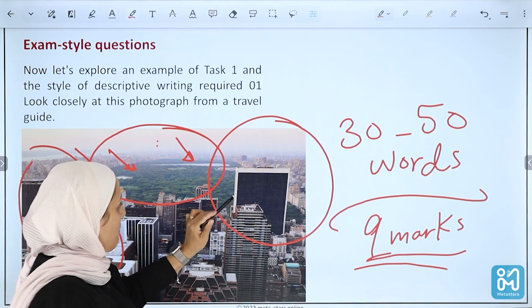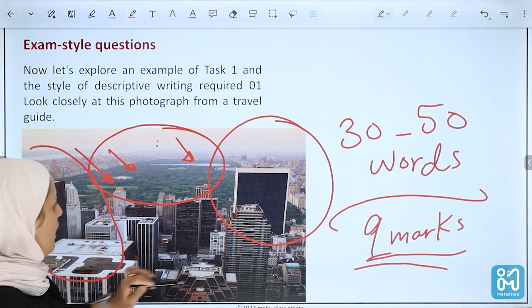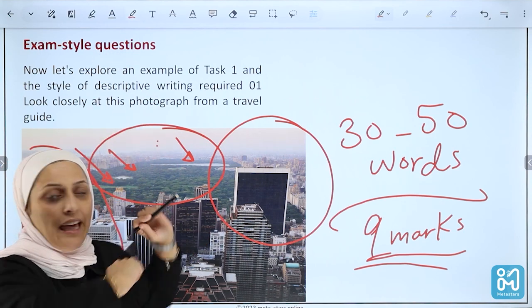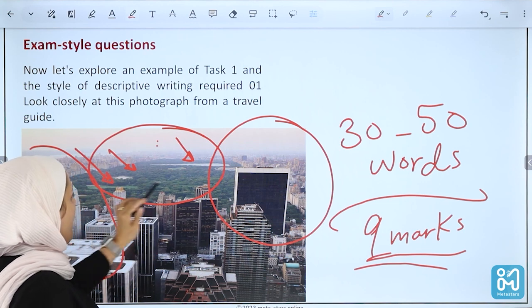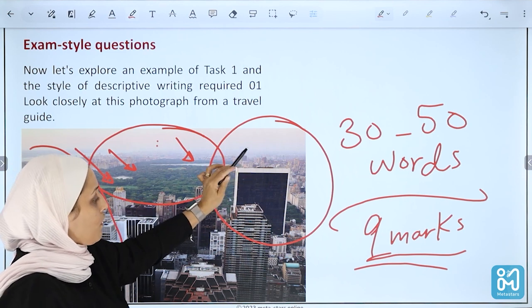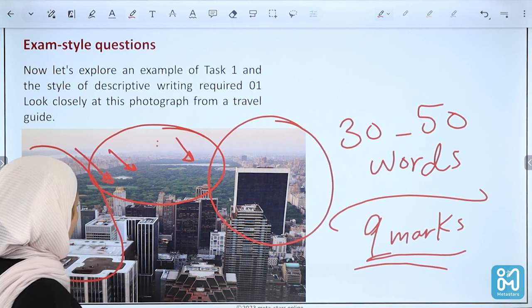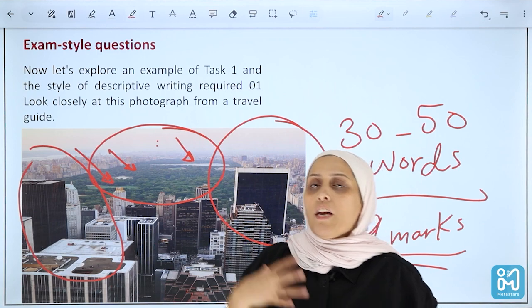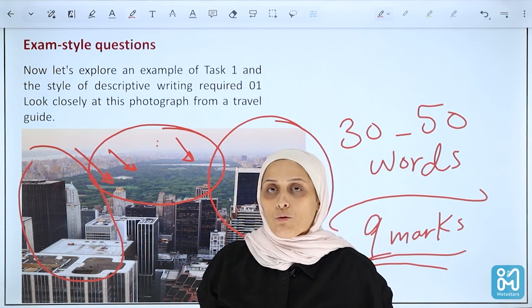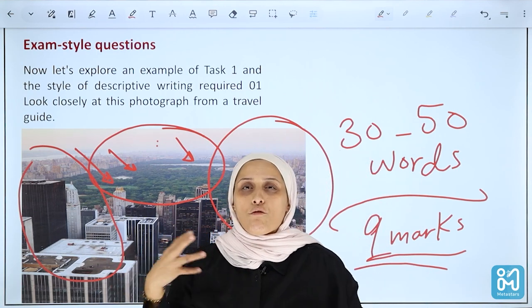And then I talked about that it's obvious that the photo is taken from a high place. Also, if I want, I could talk about the greenery here. Also, I could talk about the skyscrapers here. Also, I could talk about the weather. It's a sunny day, or I could talk about the atmosphere and the positive vibes.